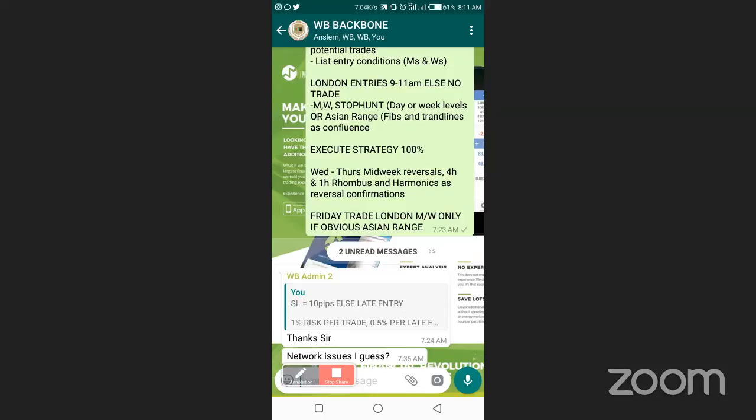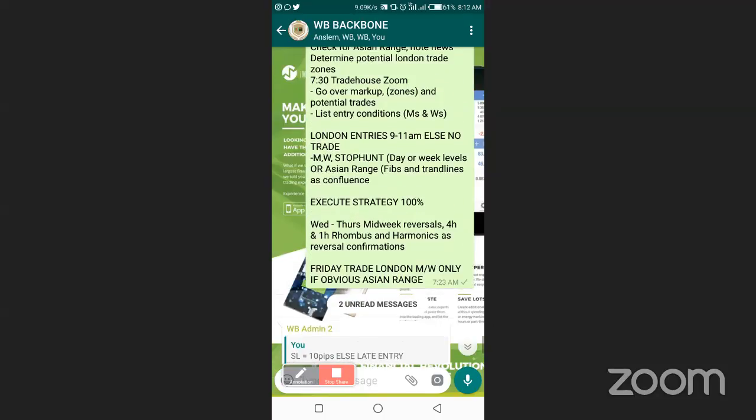So with these M's and W's and stop hunts, it's important that we identify that it's happening at major levels first. So it's happening at a major level, the conditions are met, the timing is right, then we get in, period.